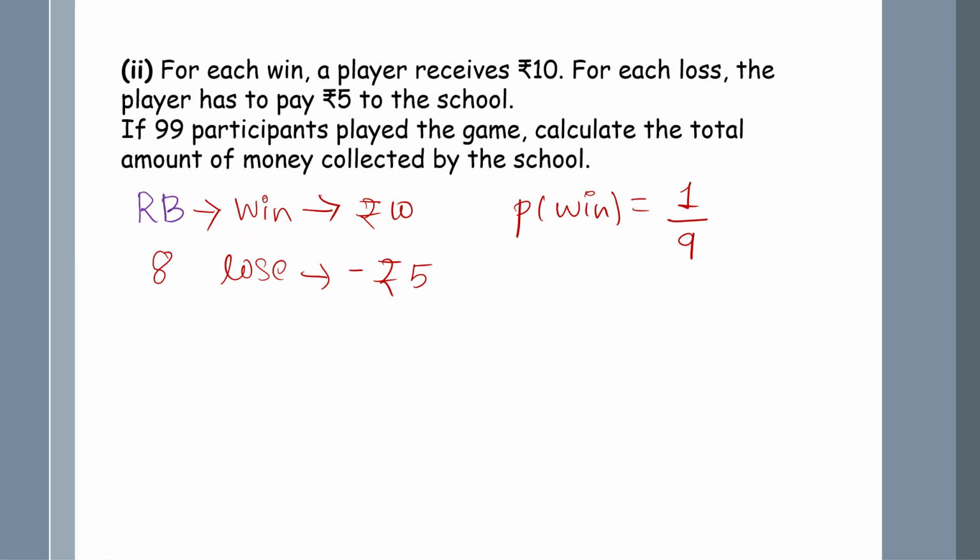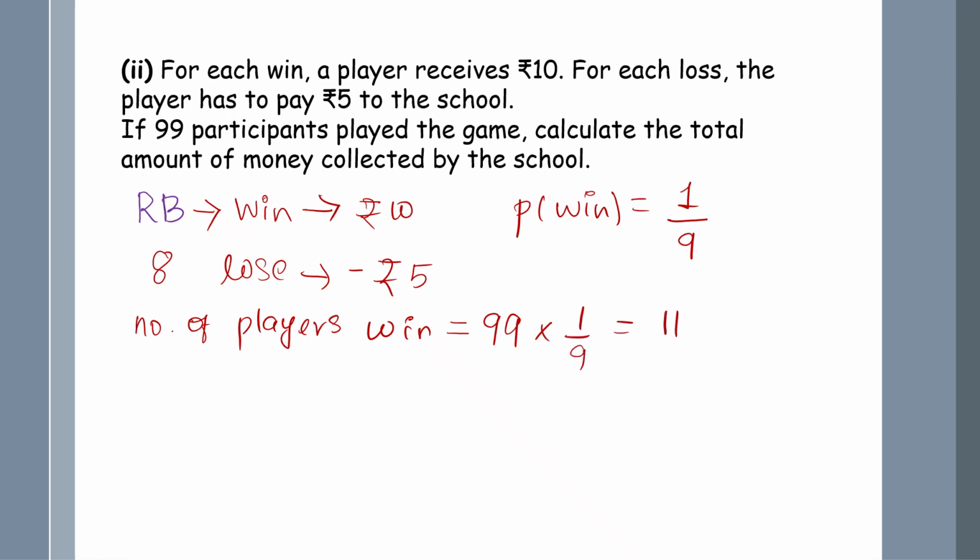And in the 99 participants, who all win? The number of players who win is given by this probability. So the number of players who win the game out of 99 participants is 99 into 1 by 9, which is 11.